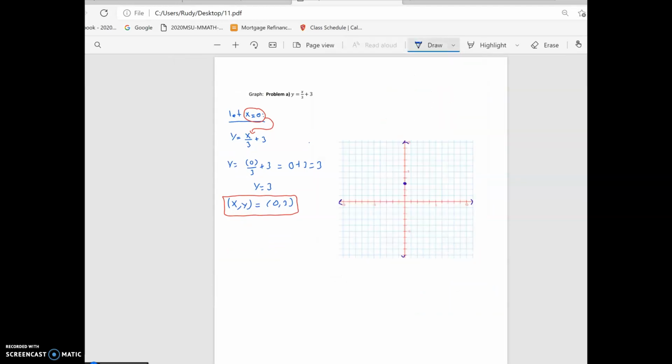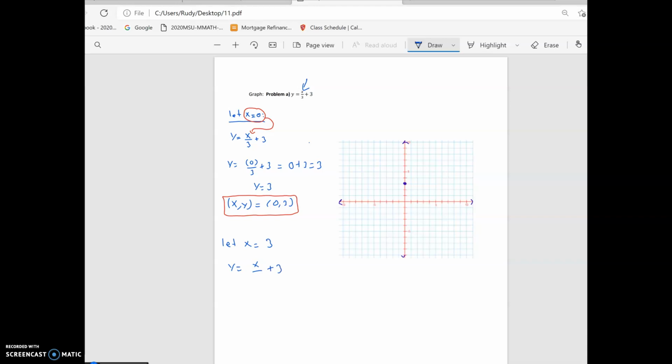So let me select another coordinate point. In this case, let x is equal to, and because we actually have a fraction here, the coordinate point that I'm selecting is going to be divisible by 3. So the closest value to the origin divisible by 3 is 3. So y is equal to x over 3 plus 3.